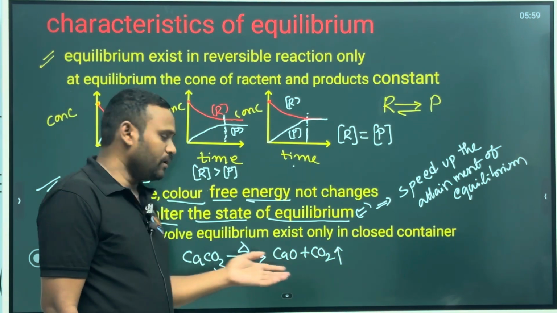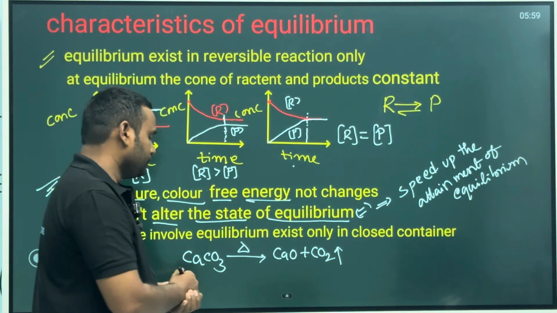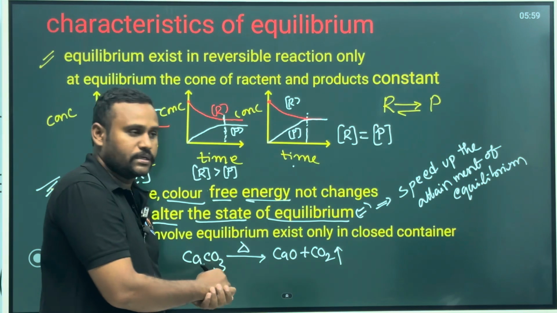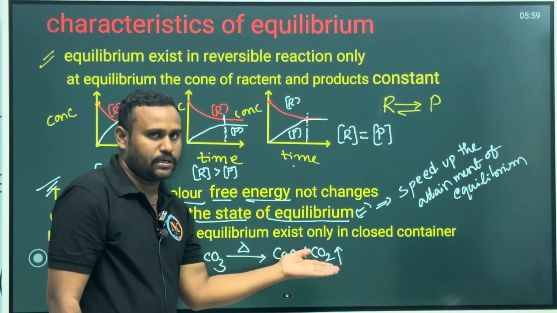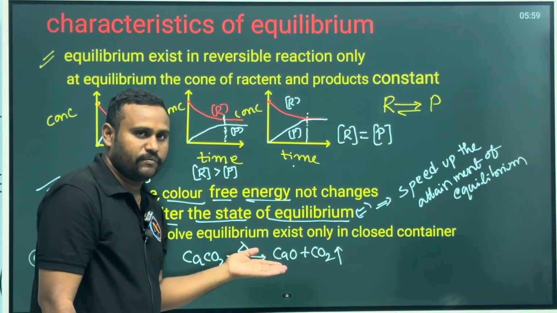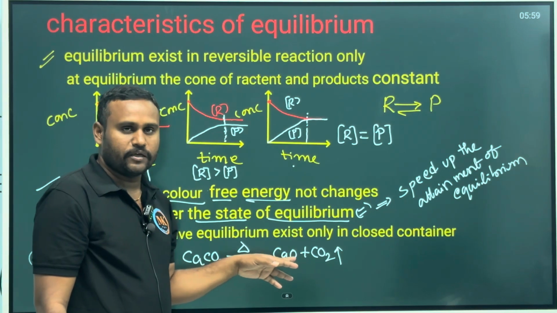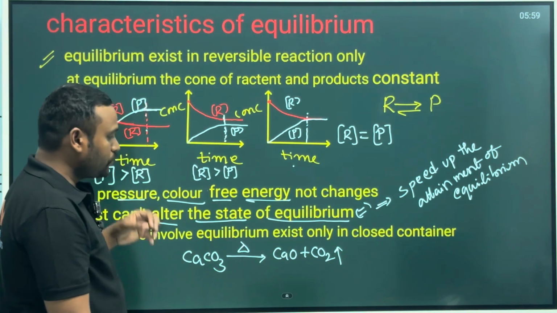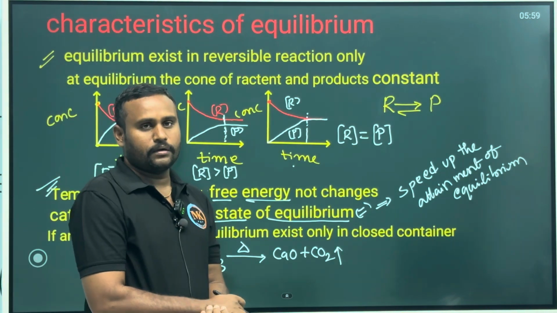So when you remove the product, the calcium carbonate is again converted into calcium oxide and carbon dioxide. For the reversible reaction, carbon dioxide is not available. That's why the reverse reaction will not take place, only the forward reaction takes place. That's why we should use only a closed container, but not an open container.